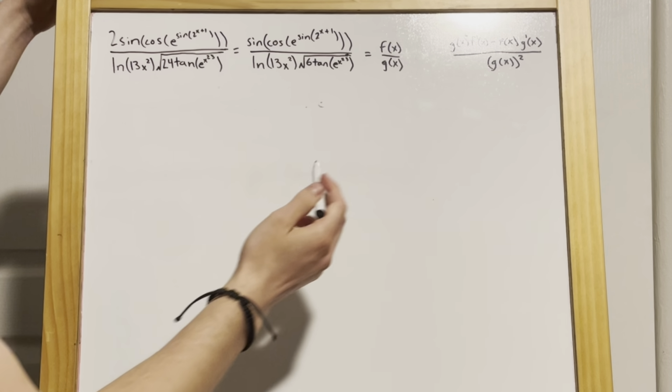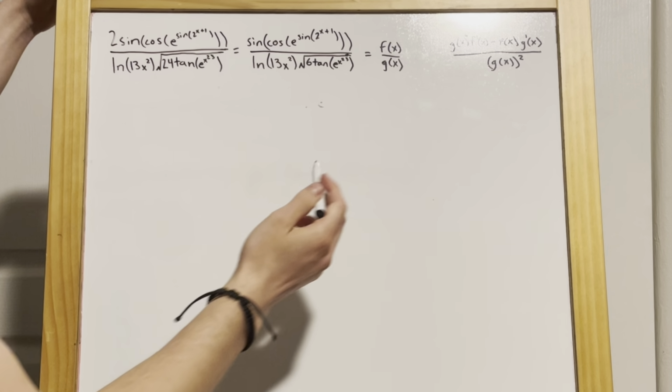The derivative of 2 to the x plus 1 is the same thing as 2 to the x times 2 to the 1. So 2 to the 1 is a constant, so we can bring it out. So 2, and then 2 to the x, natural log of 2. Right there, we have just this part.